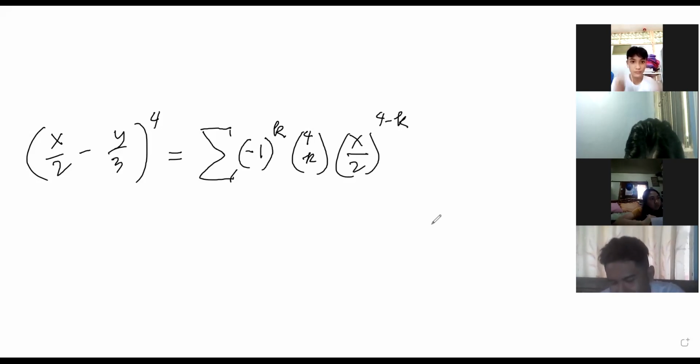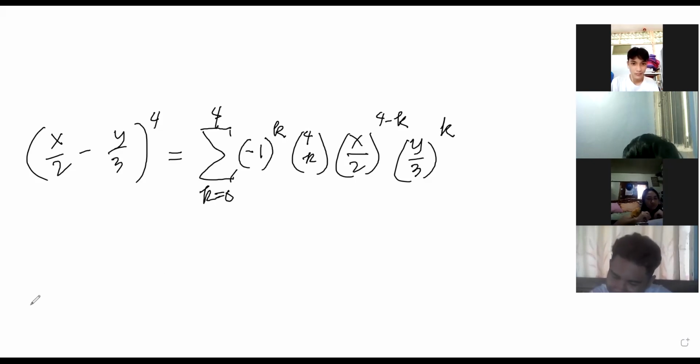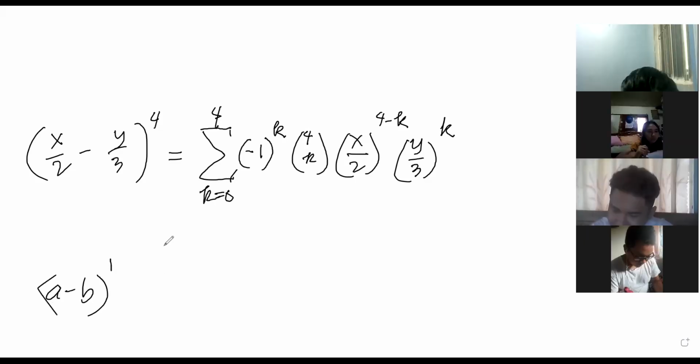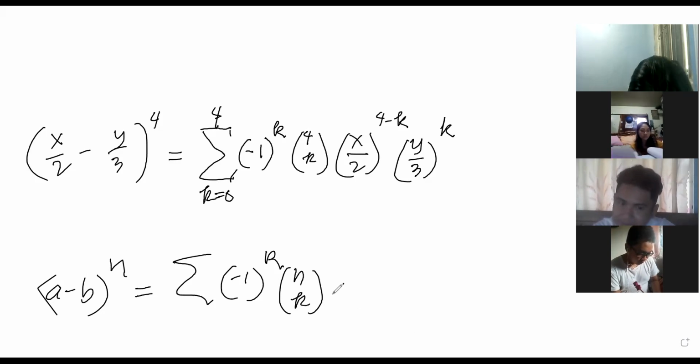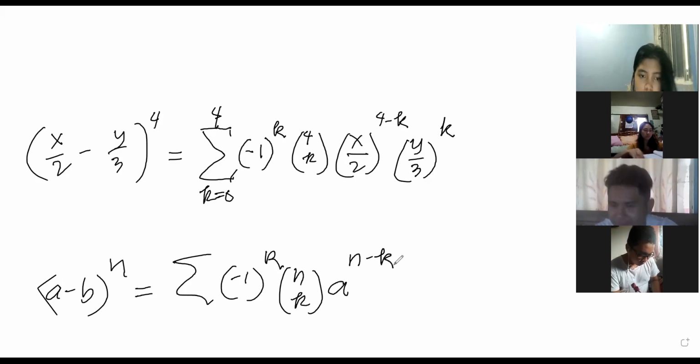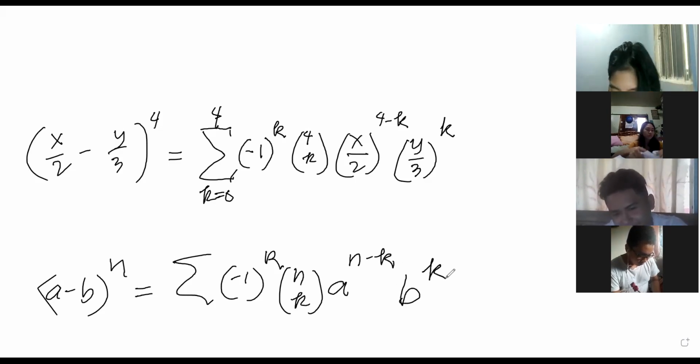Can you follow? And the second term will be y over 3 raised to the power of k. Got it? Let's clarify so you can see. If you have a minus b raised to n, this is just equal to the summation of negative 1 raised to k, n taken k, a raised to the power of n minus k, b raised to the power of k, where k ranges from 0 until n.